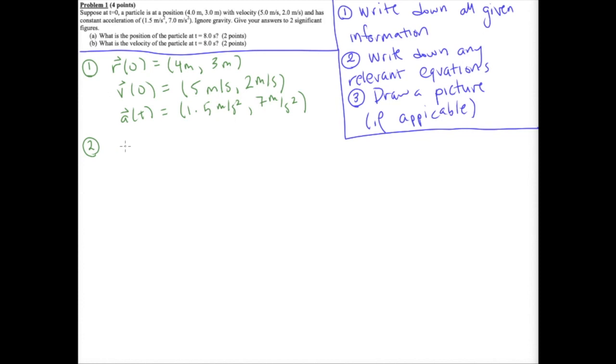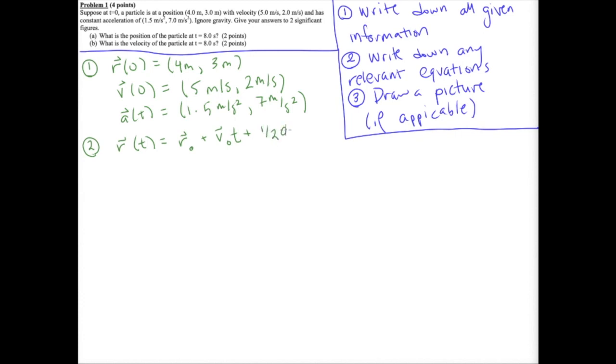The second thing I do is write down any relevant equations for a given problem. In this case, unsurprisingly, my relevant equations are the kinematic equations. Normally, I would write down all 4, but I looked ahead and saw which ones we were going to use, so I'm just going to write down the 2 we need.